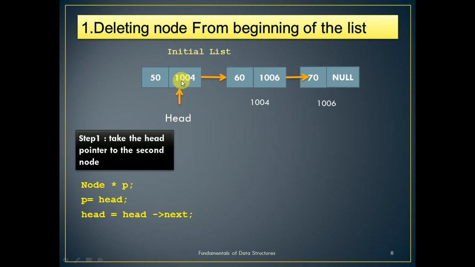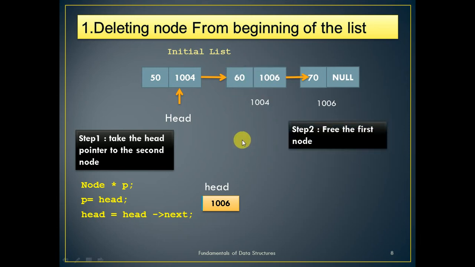Now the first node's memory location is contained in the p variable. Initially the head pointer's memory location is 1004. Now head is equal to head points to next, which means head contains 1006, the memory address of the second node.